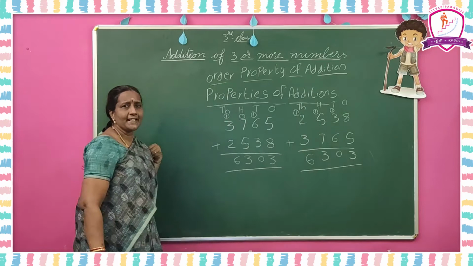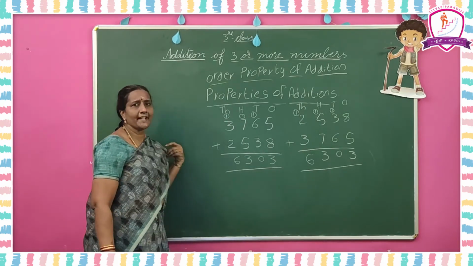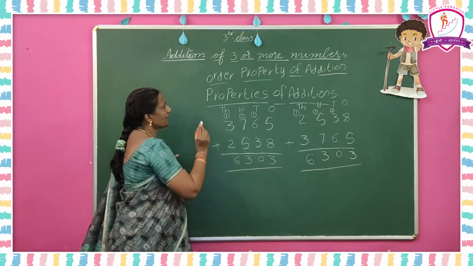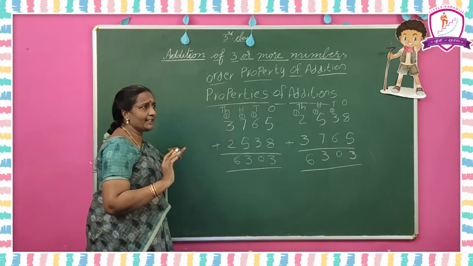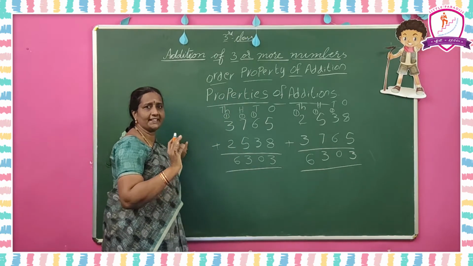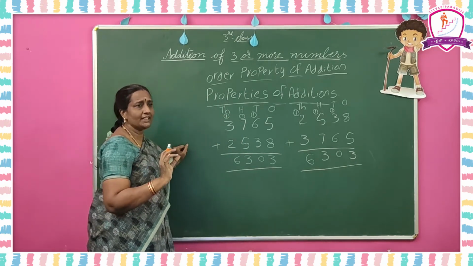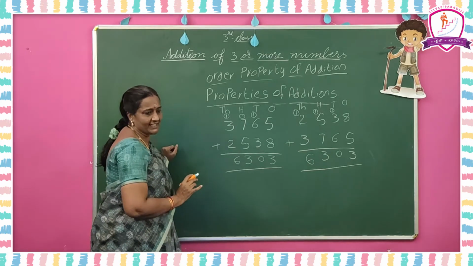Once again I will explain what is order property of addition. Order property of addition means if we change the order of the numbers, the sum will remain same.